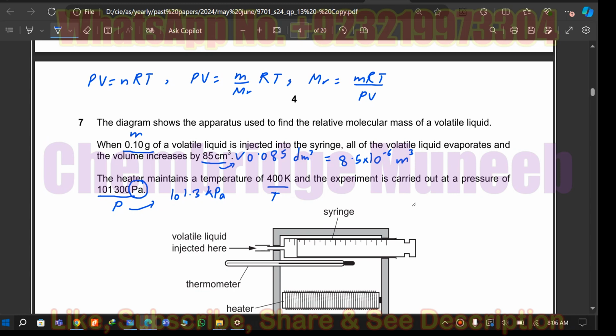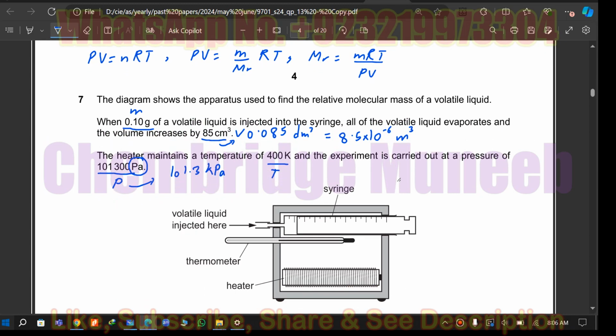So I will get MR is equivalent to mass, the value is 0.1, times gas constant 8.31, times temperature, which is 400 Kelvin, divided by, if I take the value of pressure in terms of kilopascals, I will get 101.3, and the value of volume in terms of meter cube, I will get 8.5 into 10 raised to power minus 6.